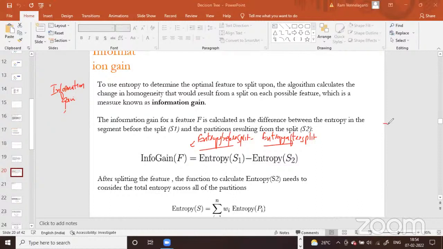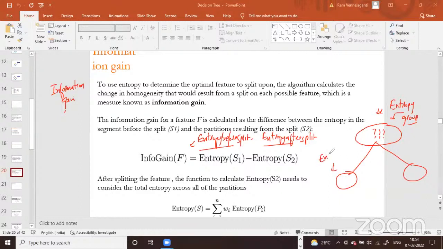What is the meaning? Suppose you have this region or you have this group here. Find out the entropy for this group. Some value you are going to get. Now split this group into smaller subsets.